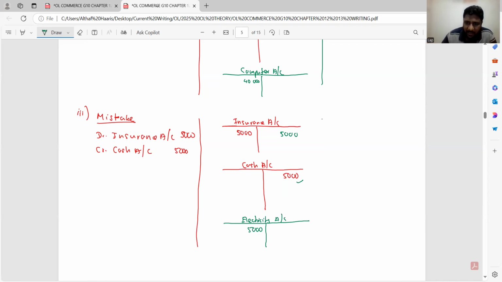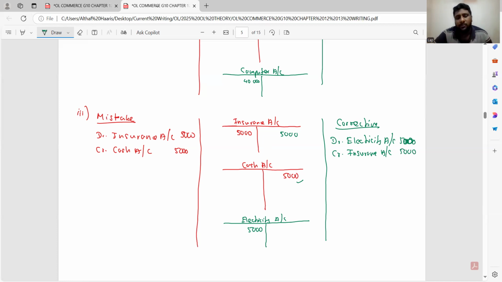Then what's the correction? Correction: debit the electricity account 5,000. Credit the insurance account 5,000.